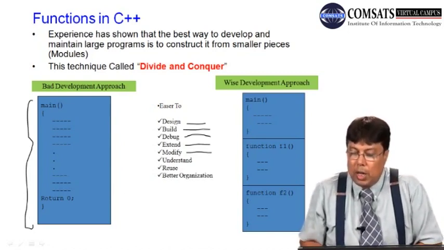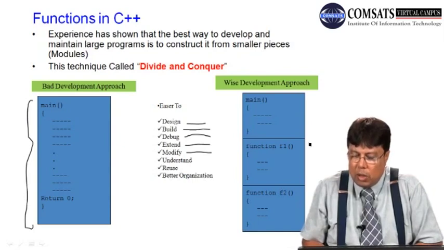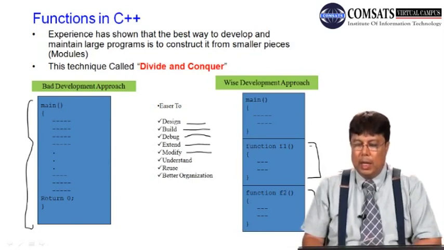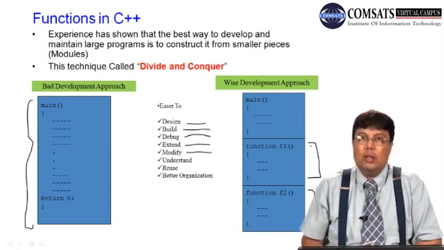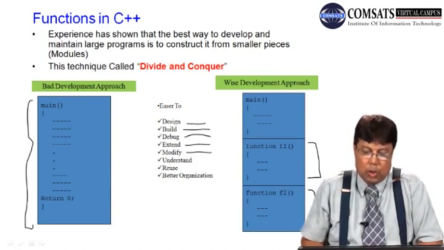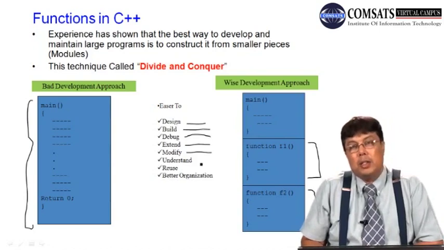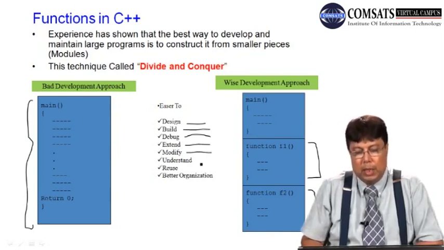But if you are concentrating on a small function, so you just need to concentrate in this smaller part and in this smaller part. Okay, so it is easy to modify because your concentration is only to a smaller portion of the program. Then you can have a better understanding because you are much focused to smaller part of one particular problem.